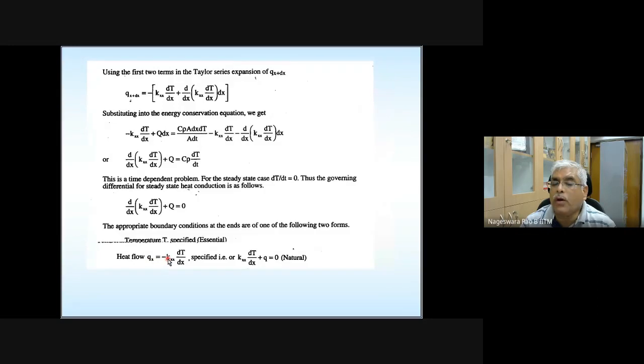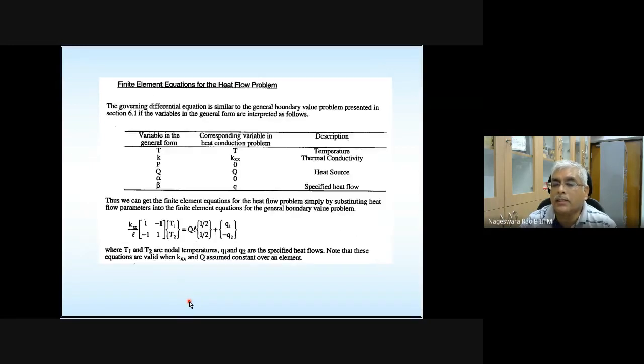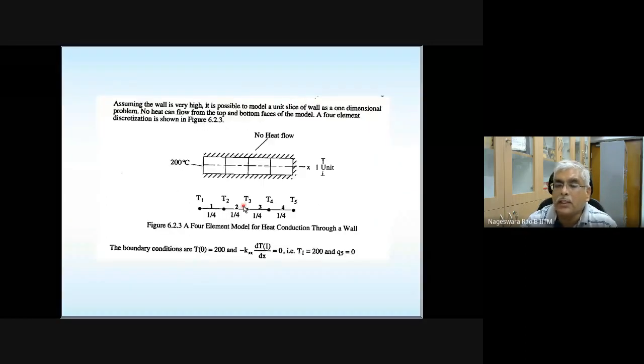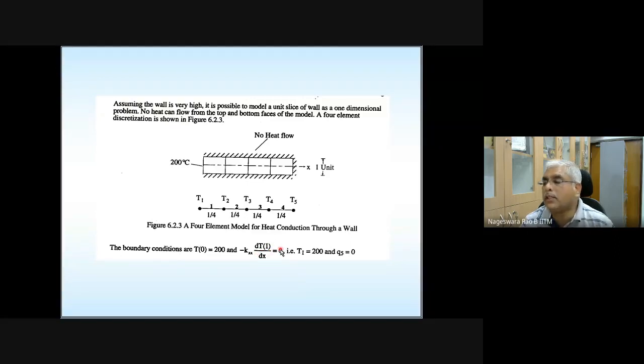So negative Kxx multiplied by the derivative of T with respect to X, evaluated at X equal to 1 meter. Here X is equal to 0. Here at X is equal to 1 meter. So evaluated at 1 meter, Q is 0. There is no heat flow outside. So it is insulated. So Q is 0.